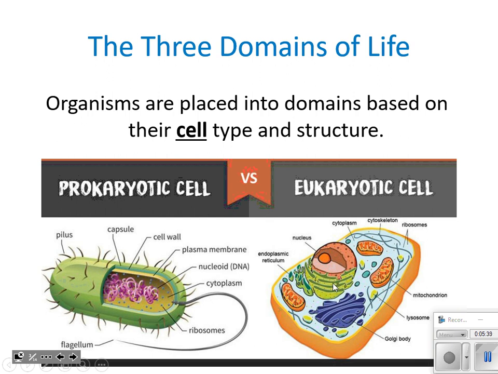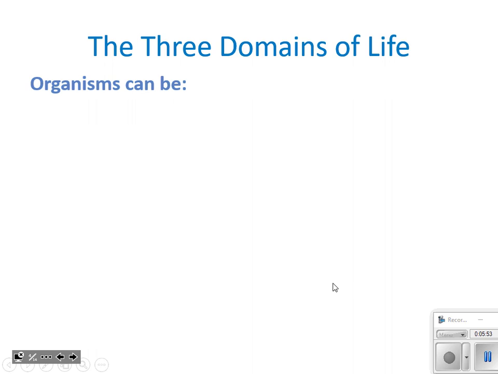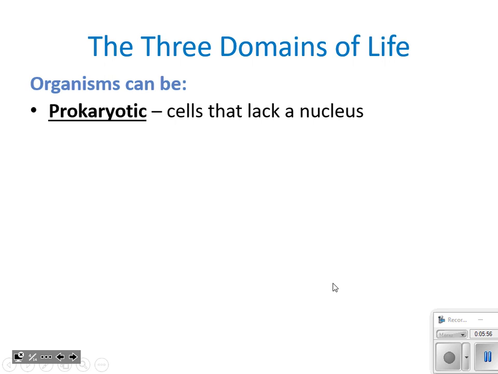Now, we've already talked about prokaryotic cells and eukaryotic cells, so you should know some differences between a prokaryotic and a eukaryotic cell. As we click on to the next slide, we can see that organisms can be prokaryote. Pro means no. So prokaryotic cells have no nucleus. Prokaryotic cells also have no membrane-bound organelles.